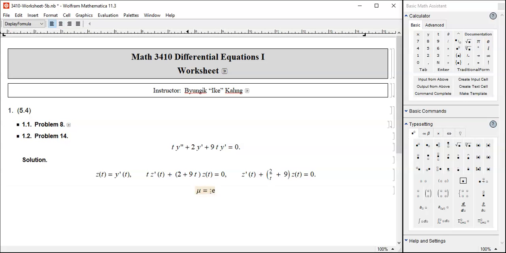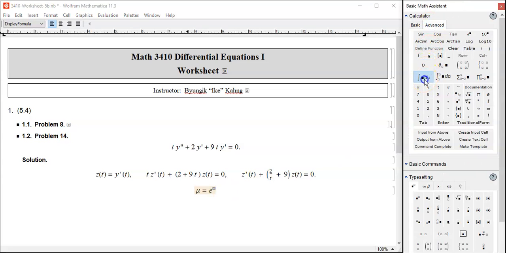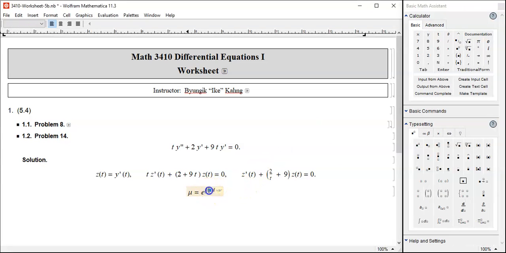Integrating factor is exponential of the integral, or the antiderivative, of p of t, excuse me. In this case, what is p? It's this one. So the antiderivative of that, let me expand the font a little bit.